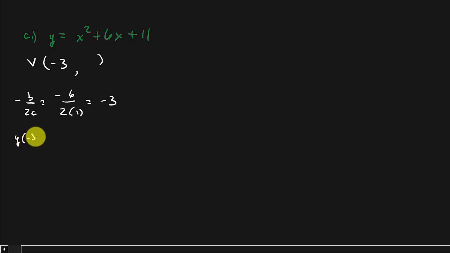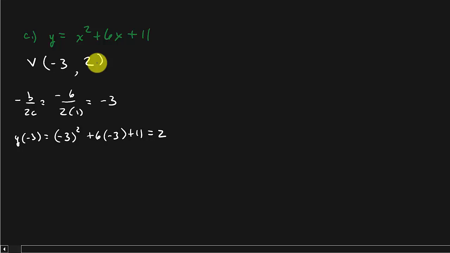And then y of negative 3 is negative 3 squared plus 6 times negative 3 plus 11. Negative 3 squared is 9, and 6 times negative 3 is minus 18, plus 11, and that is 2. And so there's my vertex.